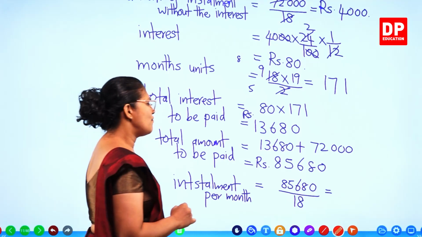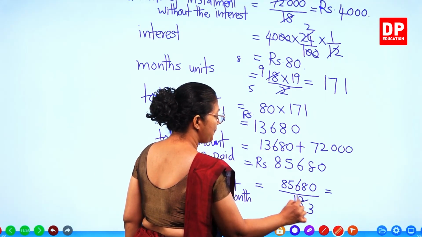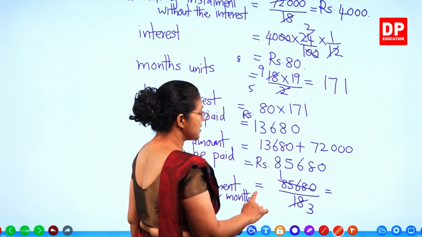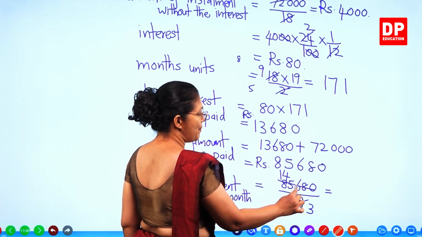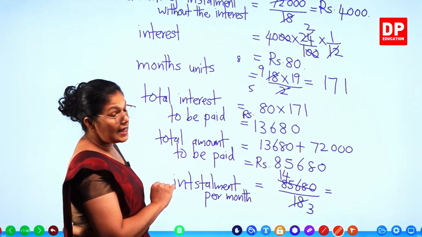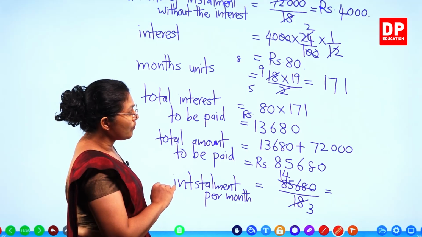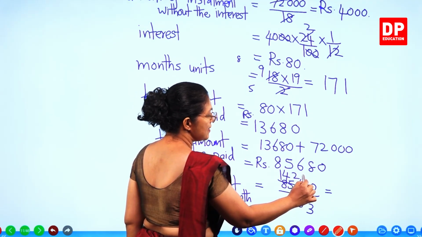So let's divide by 6 first. 6 times 3. 6 times 1, 6. 2 remaining, 25. 6 times 4, 1 remaining. So 6 times 2, 12, 48, 6 times 8.